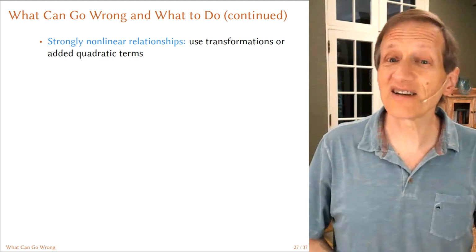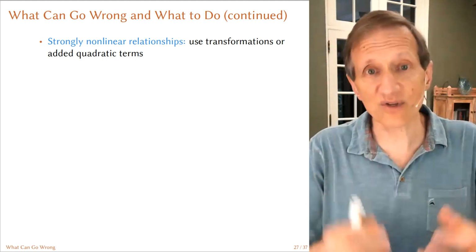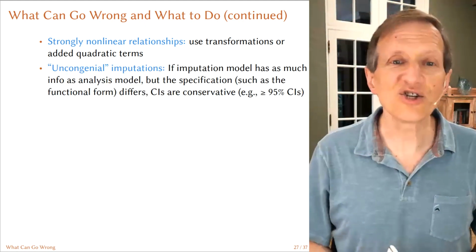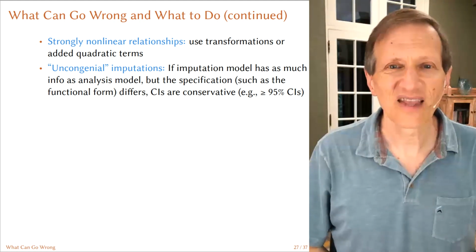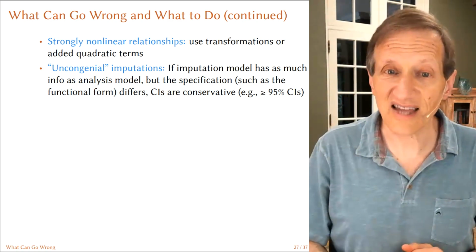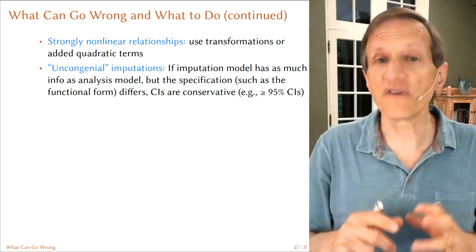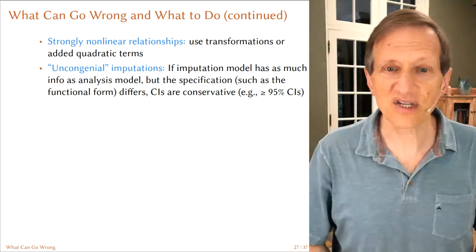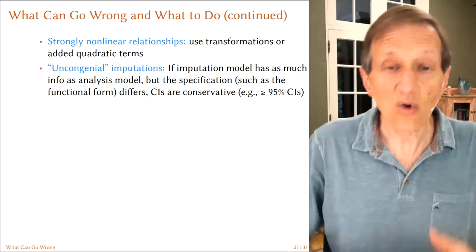Strongly nonlinear relationships, you could use transformations to linearize them, or you can add quadratic terms to the multiple imputation procedure. There's something called uncongenial imputations. The term came from Xiao-Li Meng. If the imputation model has as much info as the analysis model, but the model specification is different, so you use a different functional form than the linear normal model assumed in the imputation stage, then your confidence intervals that come out of the final analysis will be conservative.